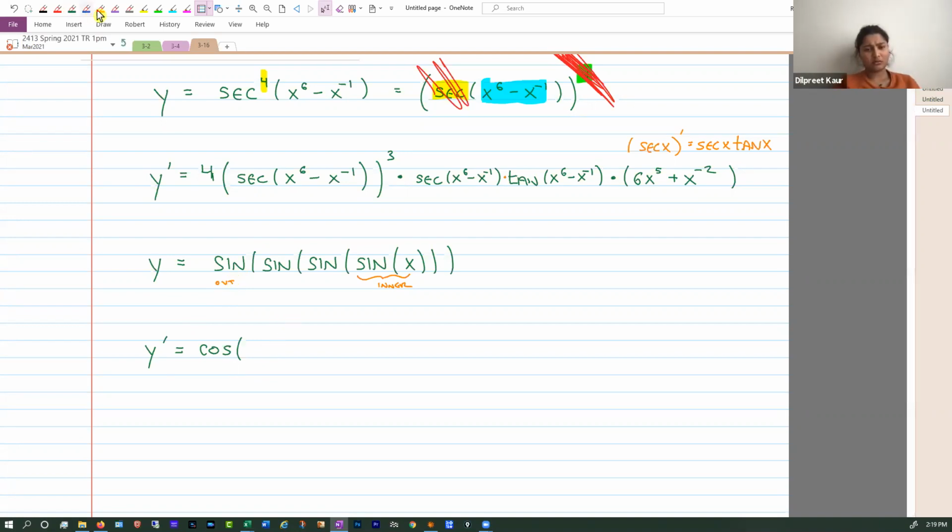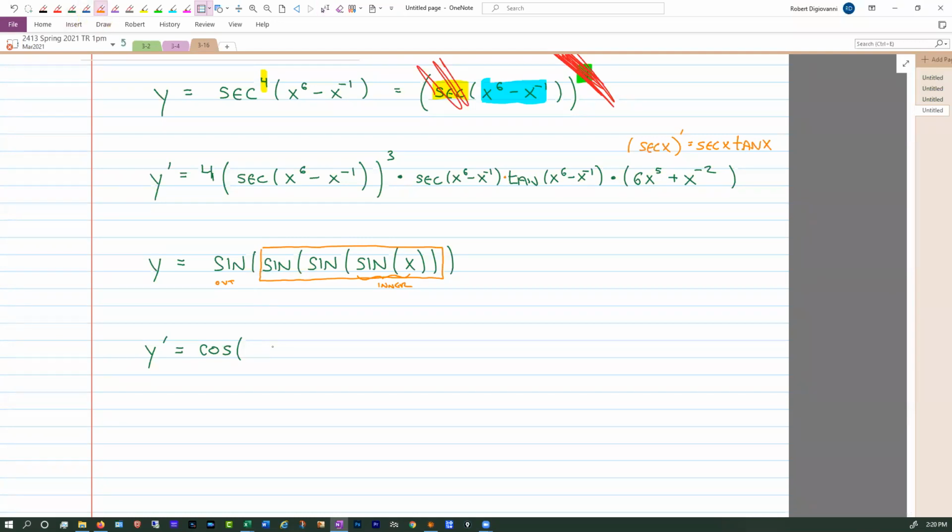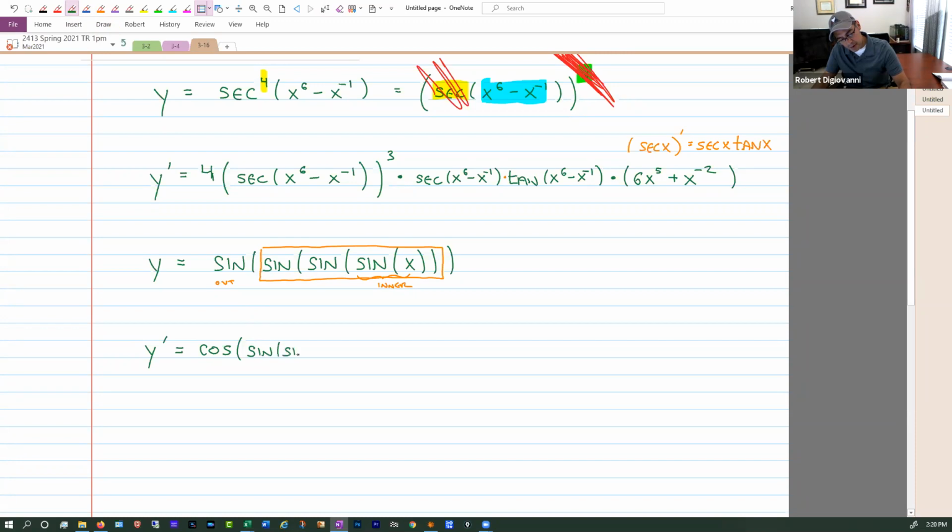The whole thing goes in there. Everything that was inside of this sine goes inside of this cosine. Okay, so I'm going to write here cosine of sine of sine of sine of x.